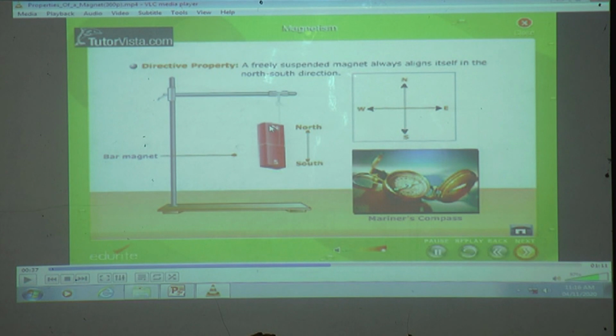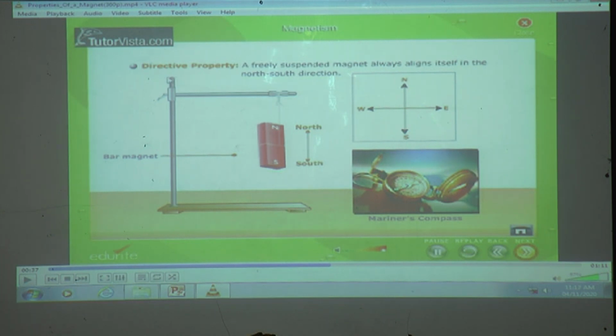It means the north pole of this bar magnet will turn to the north direction, and the south pole is going to be in the south direction. Okay, so this is the directive property.